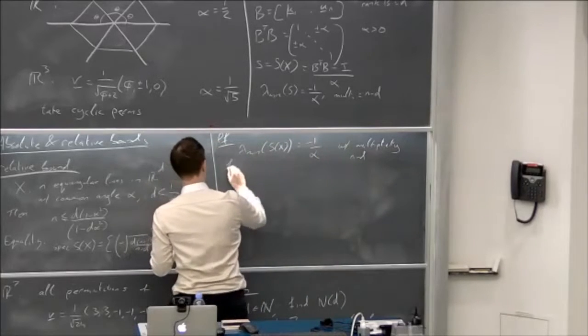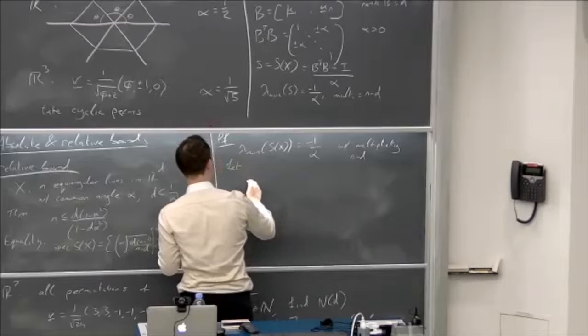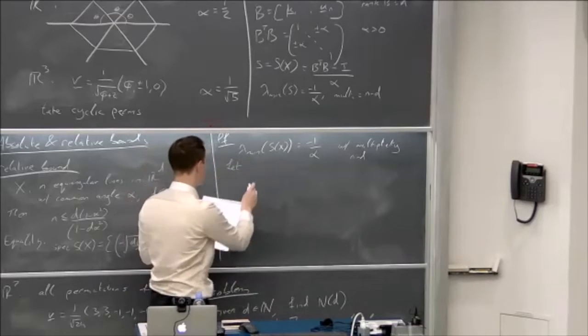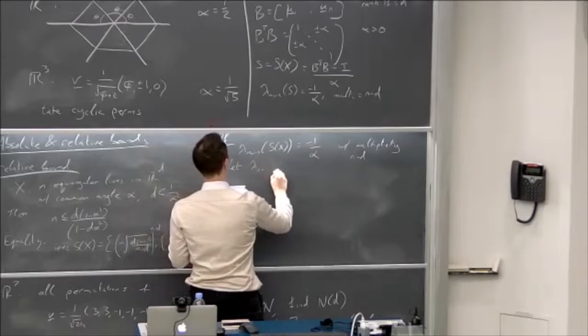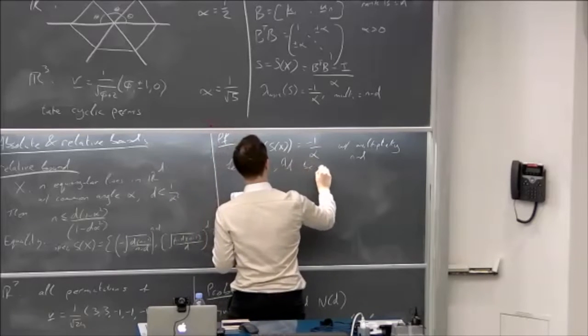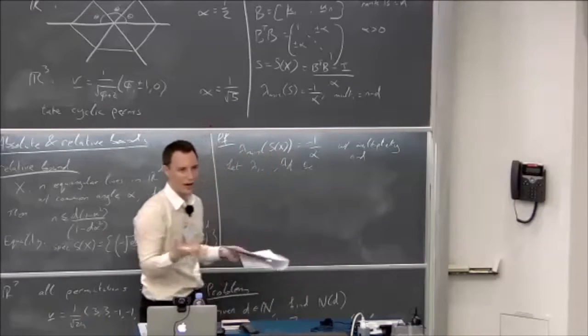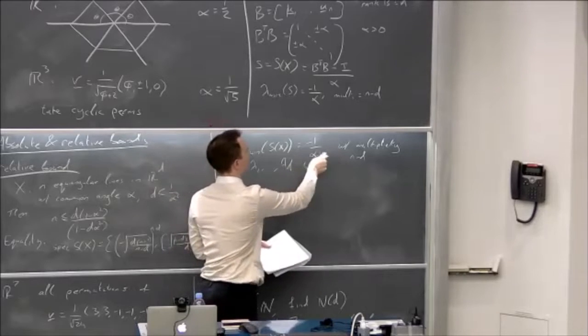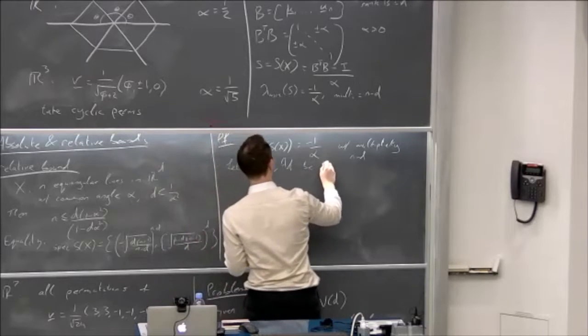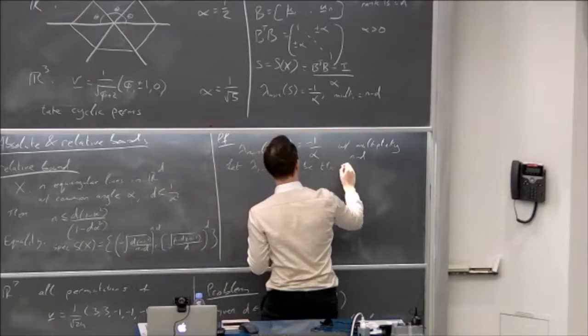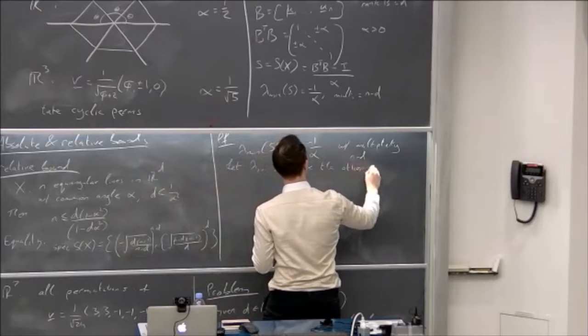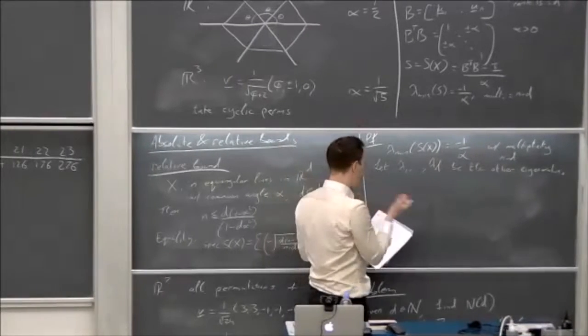And so we'll just give names to the other eigenvalues. The ones that are not the smallest, so let lambda 1 up to lambda d be the other eigenvalues. There should be d other eigenvalues, since the smallest has multiplicity n minus d. So now we can apply Cauchy-Schwarz.